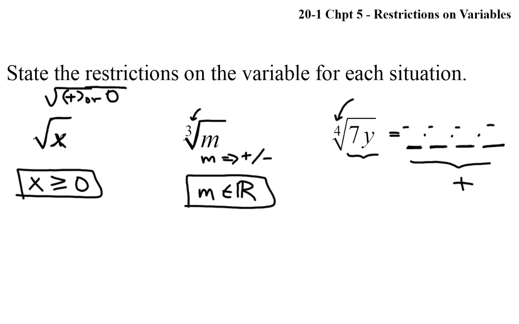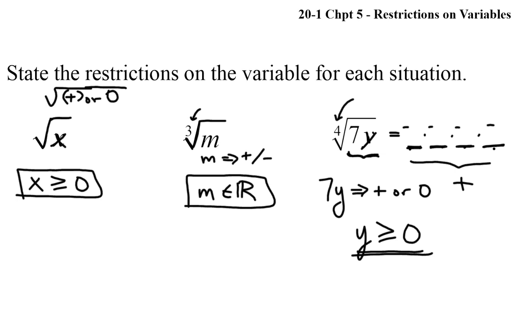So again, a 4th root means 7y needs to be positive or 0 only. So y has to be greater than or equal to 0. It can't be a negative because there's no way that something times itself 4 times will give a negative. I can't have a negative value underneath here because 4 negatives when they multiply is a positive, so this has to be a positive value.